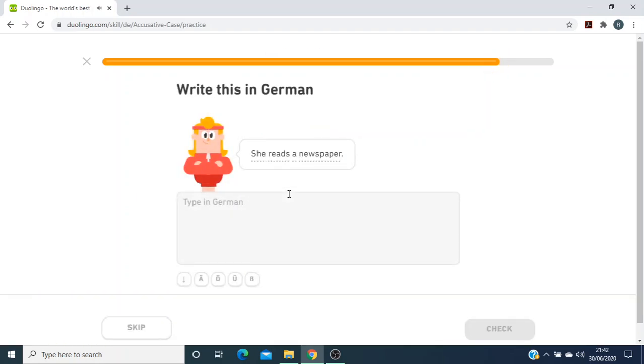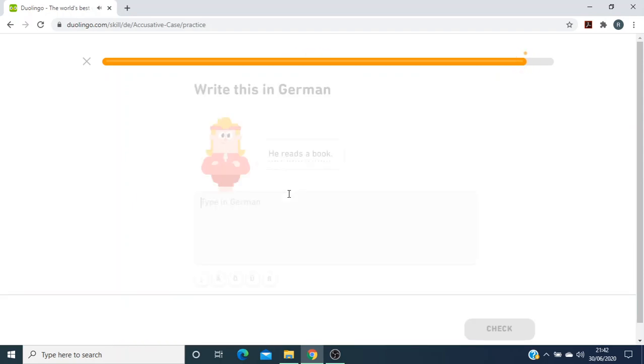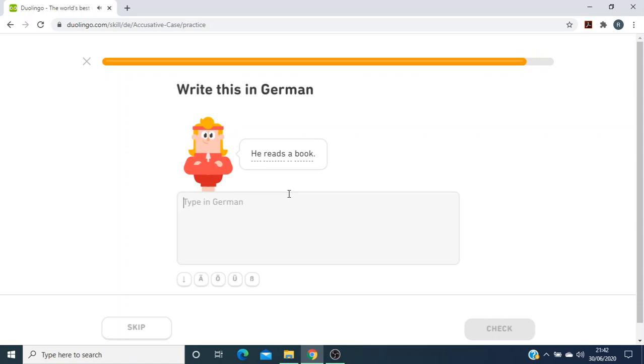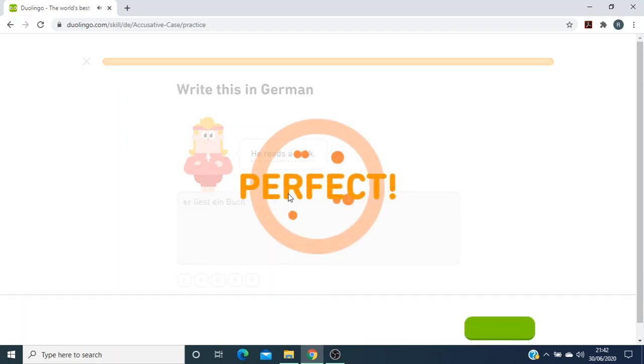She reads a newspaper. Sie liest eine Zeitung. He reads a book. Liest ein Buch. Das Buch is neuter. There we go.